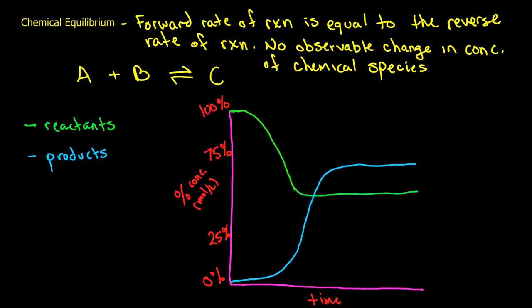So it may appear that the reaction isn't proceeding, but in fact it is. It's just that the forward rate of the reaction is now equal to the reverse rate of the reaction, and there are no longer any changes to the concentrations of either the reactants or the products. So this graph will tend to go flat, and that is when equilibrium occurs. So at this flat portion, we have chemical equilibrium.